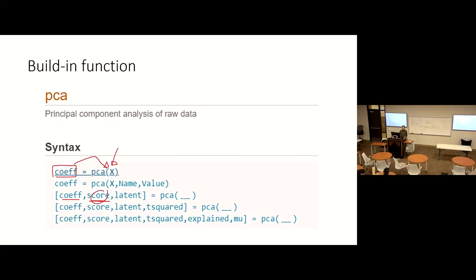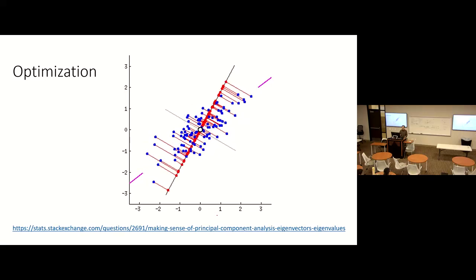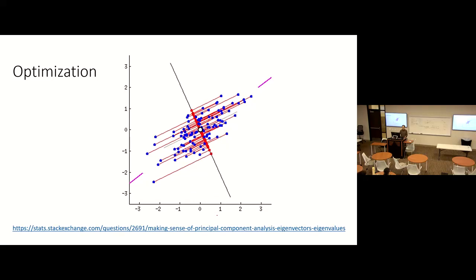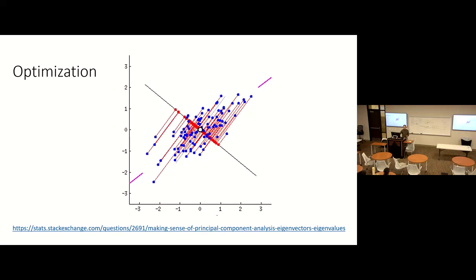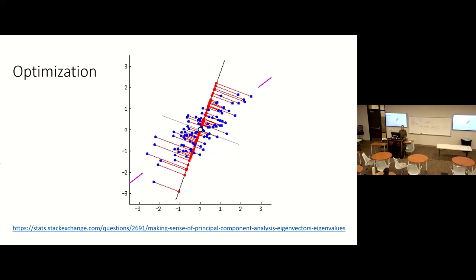So the score will give you the rotated values, and you can use the score to plot in 2D and 3D space. So that is the visualization of optimization. You try different angles to put your new x-axis. So this is the longest. And then if the purpose is PCA, then you should stop.